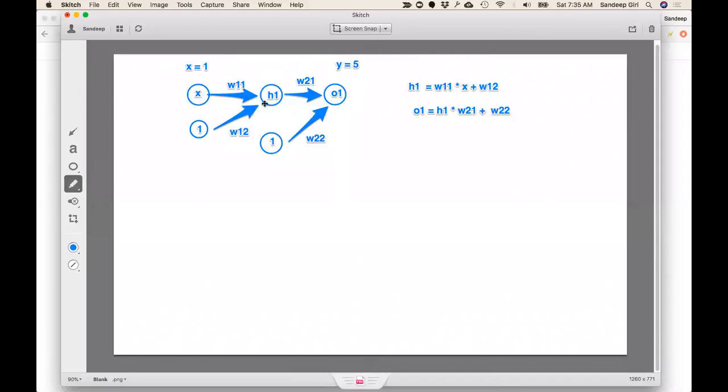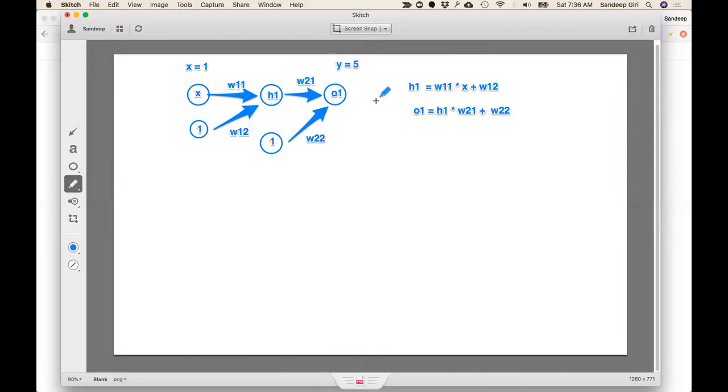H1 we have computed in the previous calculation. These are assumed values. So in the forward pass, we compute the value of O1 and then the error, by subtracting Y from O1. That is our error. At this point we'll check whether this error is negligible.